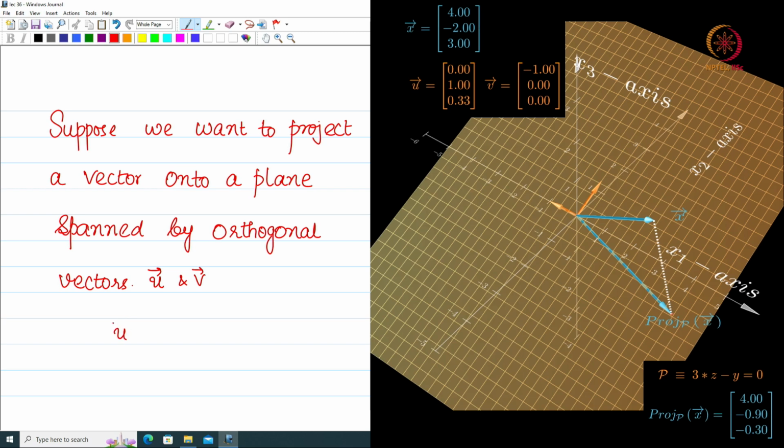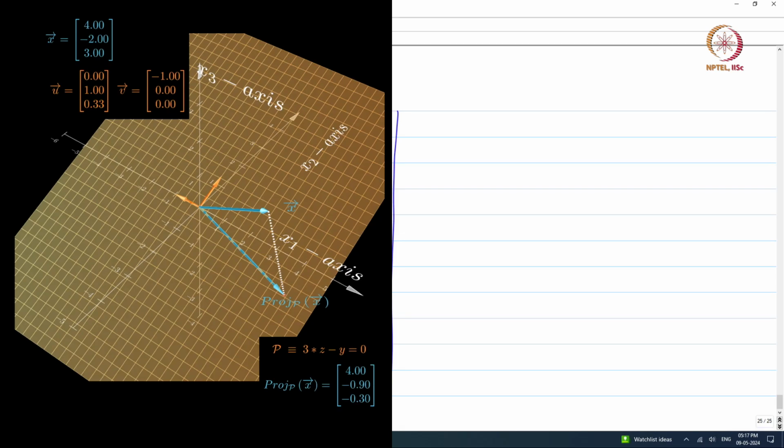That means u dot v is equal to 0. This is what we have. I want to find out the projection matrix.